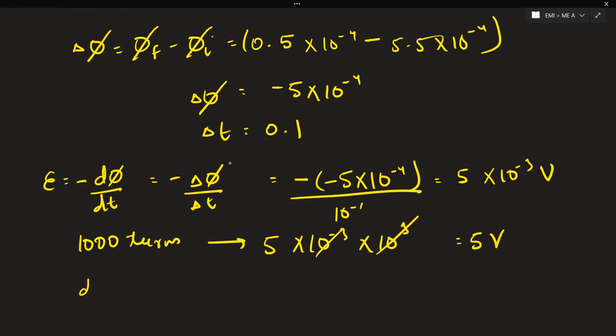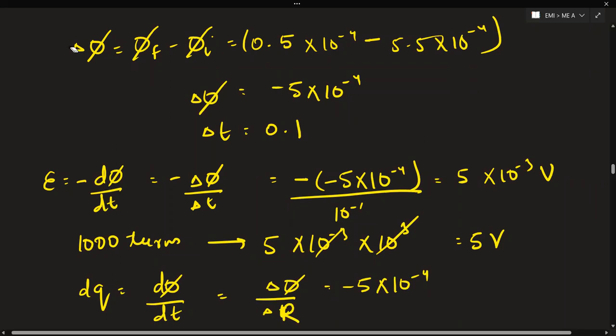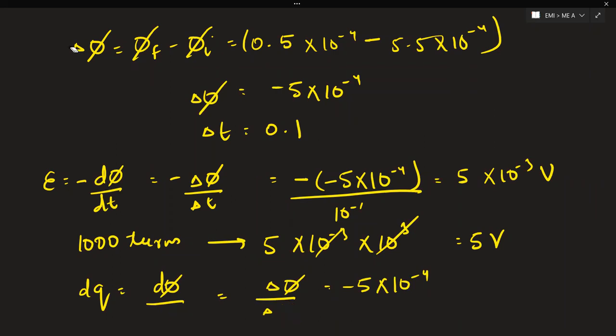Now, dq is equal to d phi over dt, or you can simply say change in phi over change in time. So this gives you minus 5 into 10 to the power minus 4, not time, resistance. Here it is resistance. Otherwise this becomes the value of EMF.